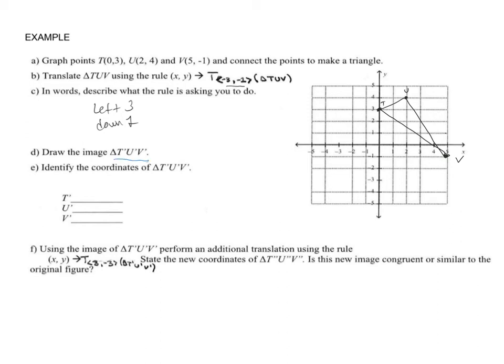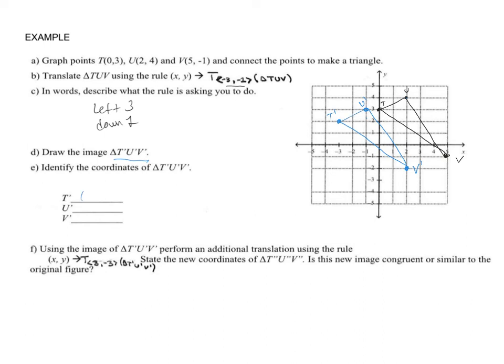So left 3. Here's T prime, U prime, left 3, down 1, and V prime, left 3, down 1. Okay. And identify the coordinates.